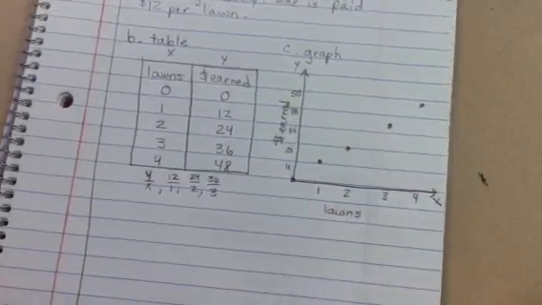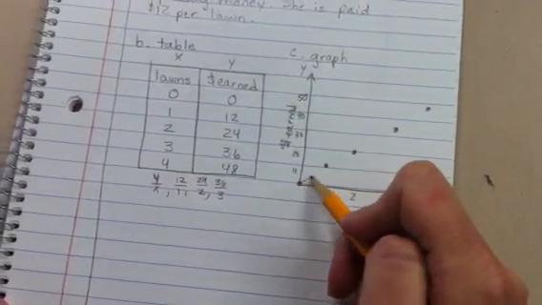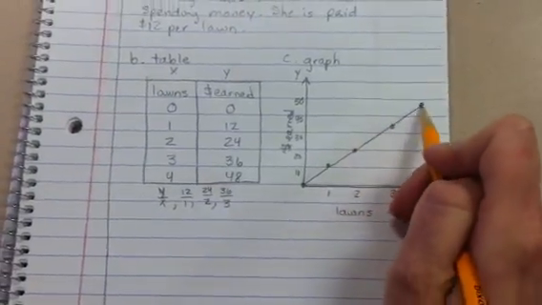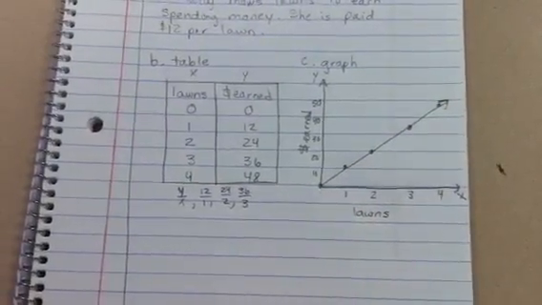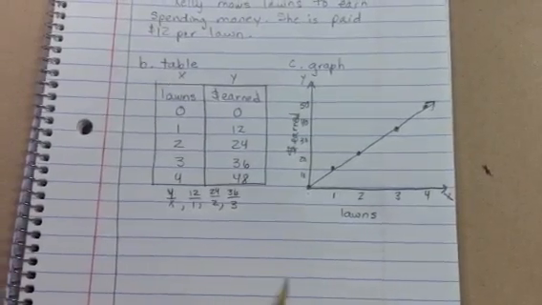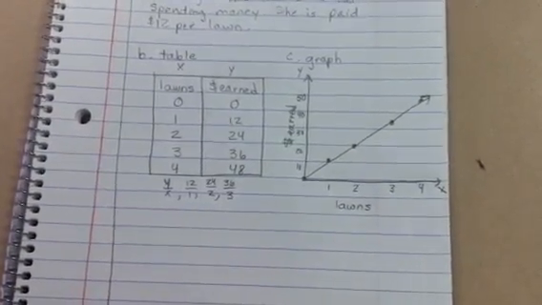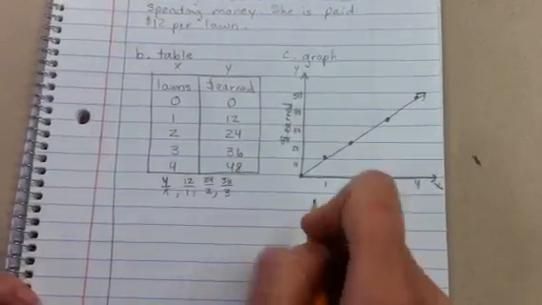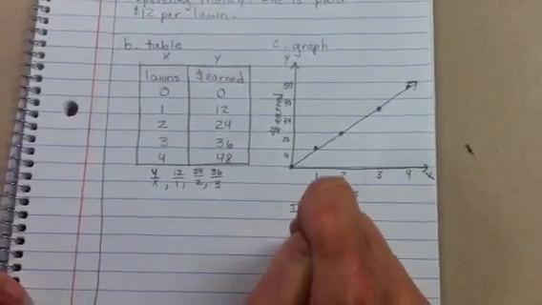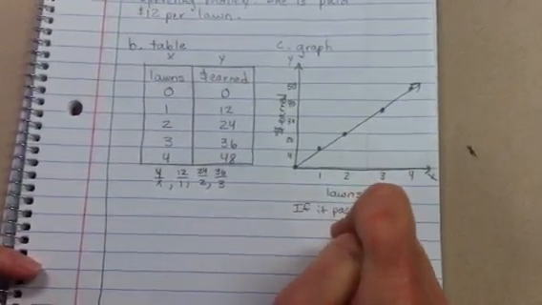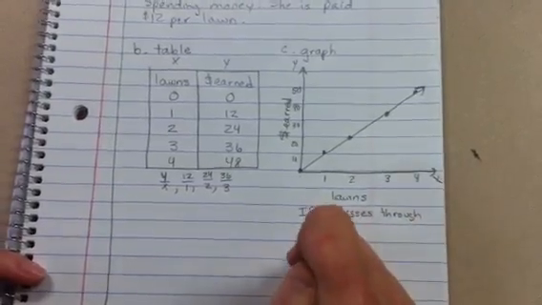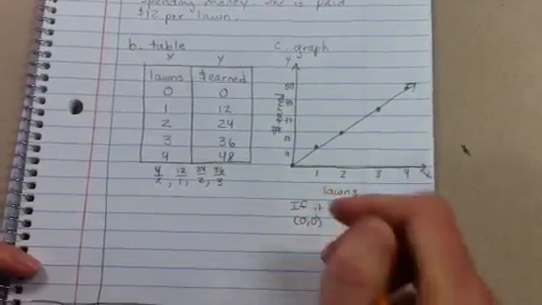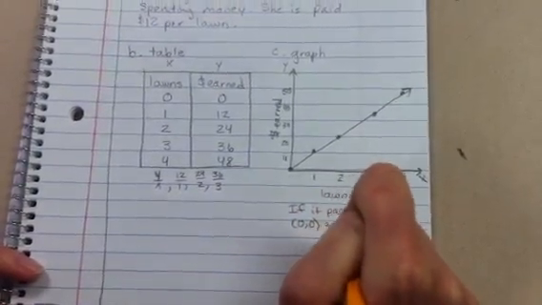Now you'll notice with these points that I can draw a line through them, and they start with 0. One way that I can tell a graph is proportional without really doing any math work is a graph is proportional if it passes through 0, 0, the ordered pair 0, 0, and is a straight line.